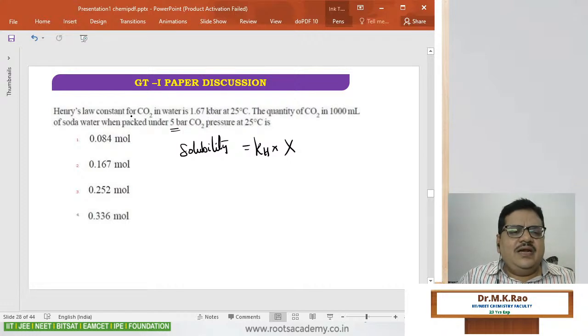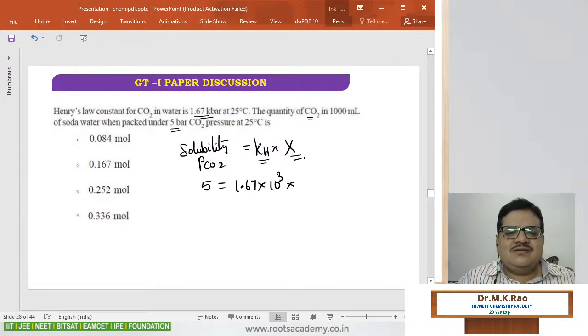Henry's law constant is given as 1.67 kilobar, and the quantity of CO2 is in 1000 ml. It is given that 5 bar is equal to solubility, meaning the pressure of carbon dioxide. Kh value is given as 1.67 into 10 power 3.